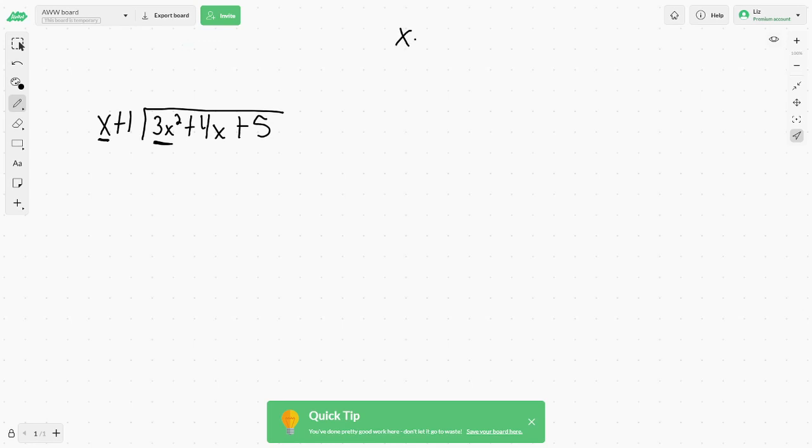Well, x times 3x gives me 3x squared. So I'm going to put this 3x here and I'm going to line it up with my other x's. So 3x times x is 3x squared, but I can't forget about this 1, so the 3x times 1 is just 3x. I'm subtracting this, remember from before, I'm subtracting this out.